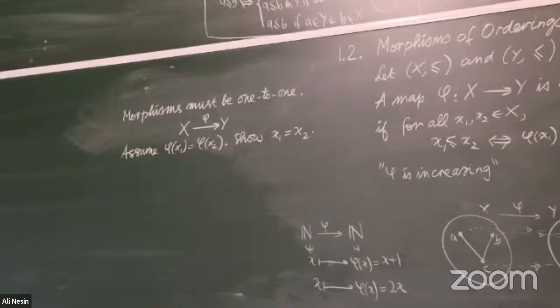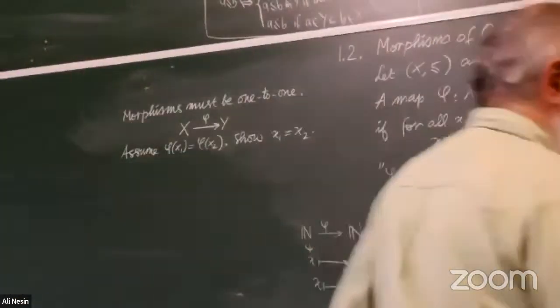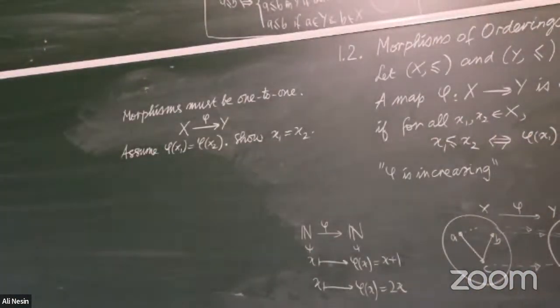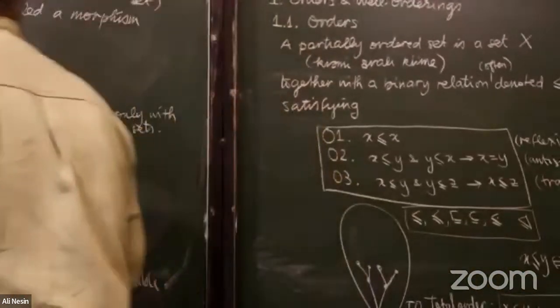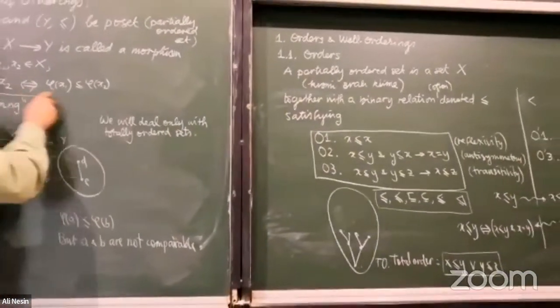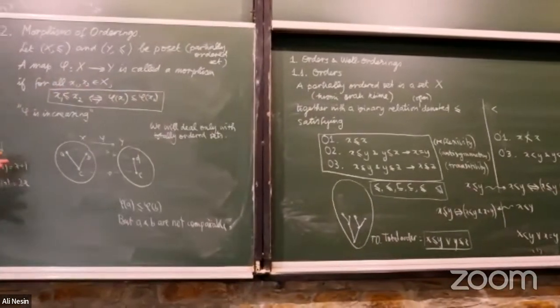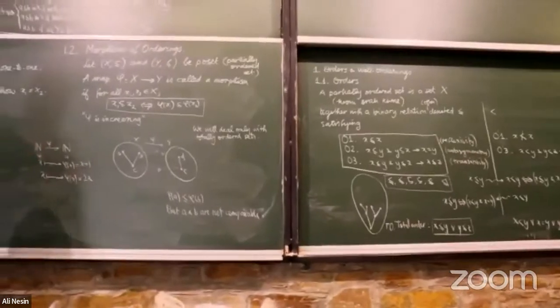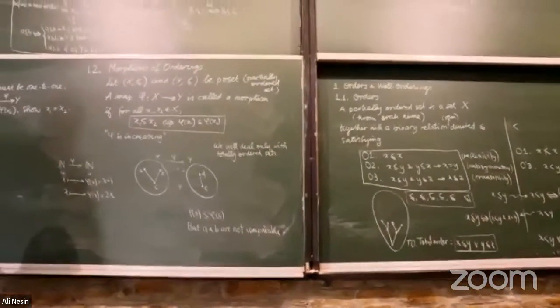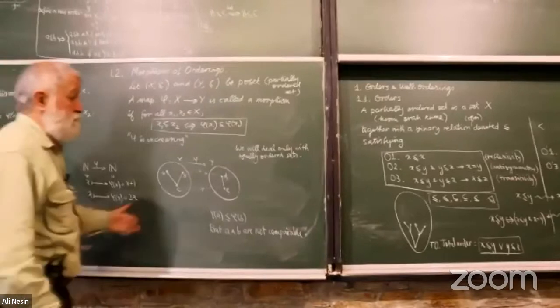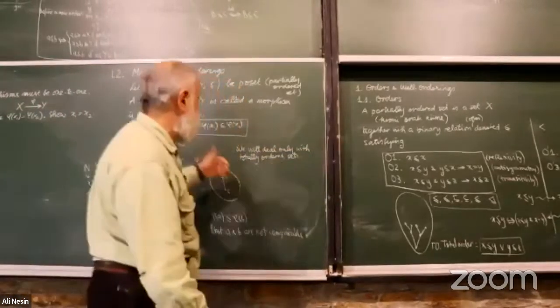Of course, you have to use definitions, right? You have to use the definition of partial ordering, this, and the definition of a morphism, this. There's nothing else you can use because it's about morphisms and partially ordered sets. Definition of partially ordered sets is here. Definition of morphism is here.